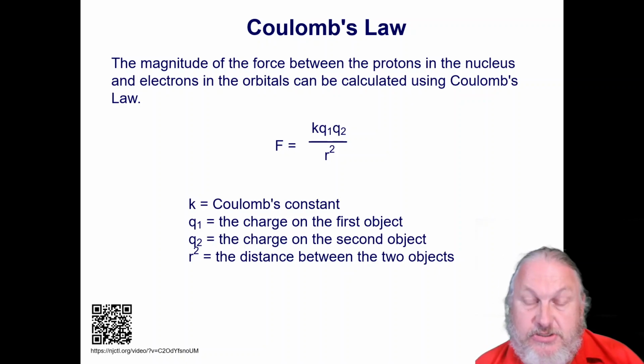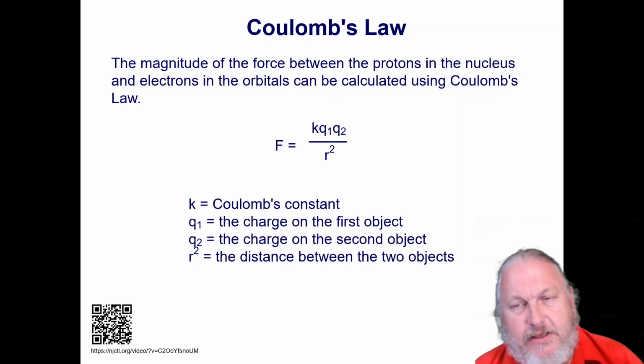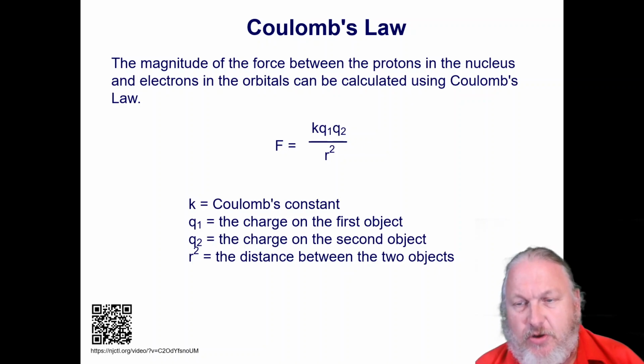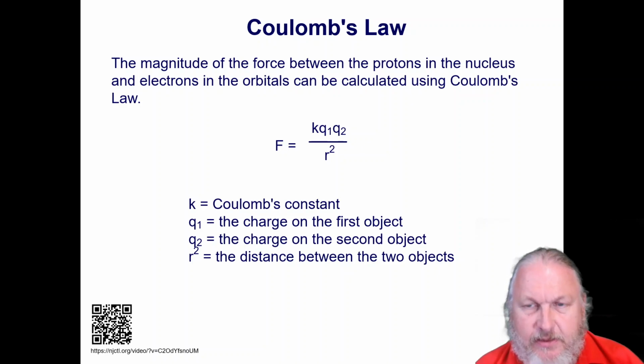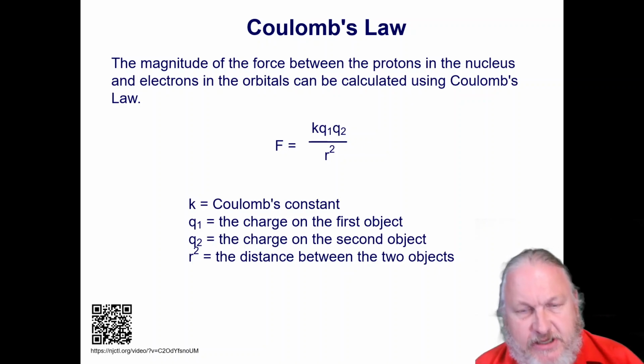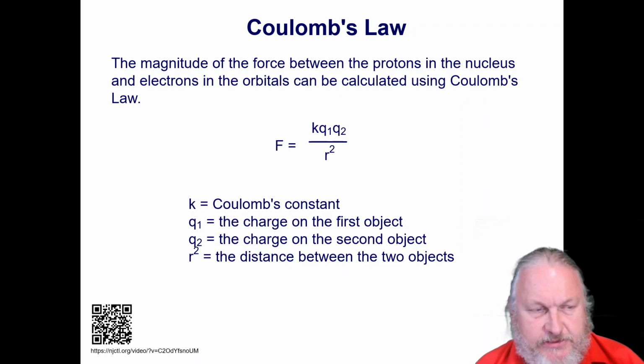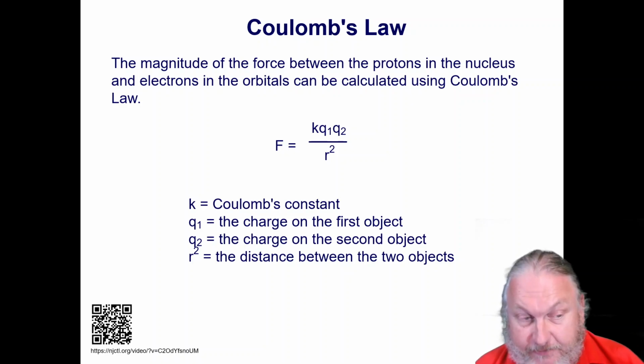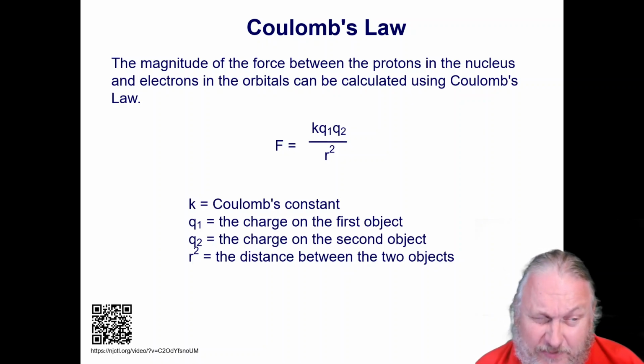So Coulomb's law states this: the Coulombic force is equal to Coulomb's constant, K, which is always the same, times Q1, the charge on the first object, times Q2, the charge on the second object, over R squared, the distance between the two objects.